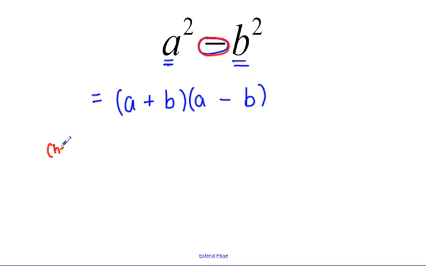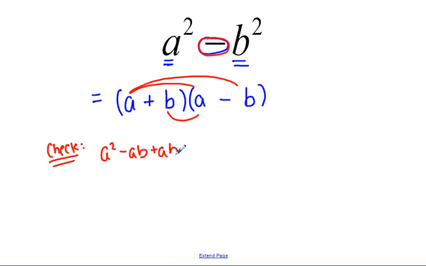The reason why is because if we go to check our solution by FOILing, we'll get a squared minus ab plus ab minus b squared.